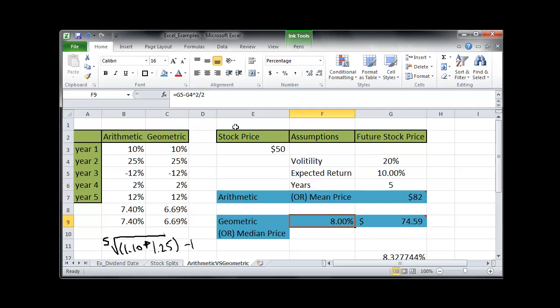And when I did this formula here, it gave me the geomean. So now I just applied the geomean to the stock price here. So I took the stock price, I multiplied by the exponential function, and then I multiplied it by the expected return and half the variance times the time. And I got this answer here.